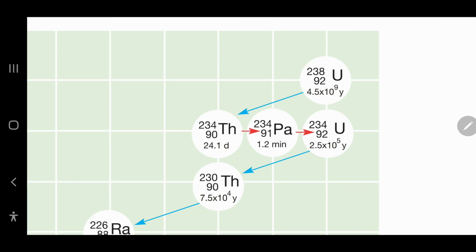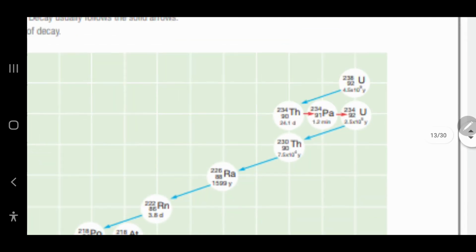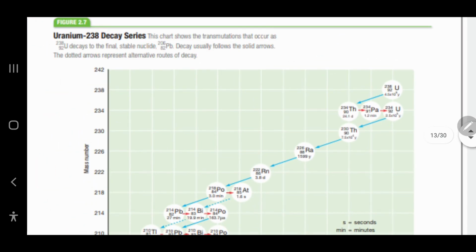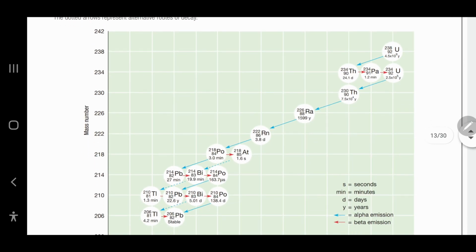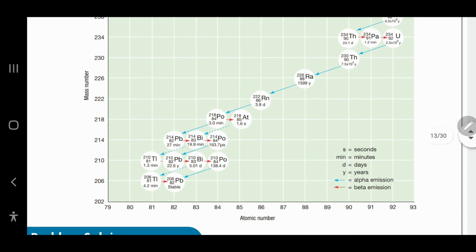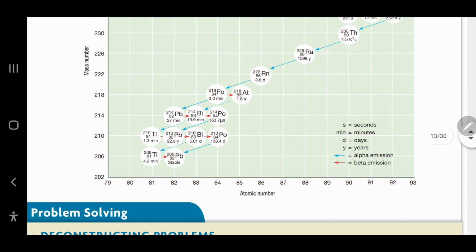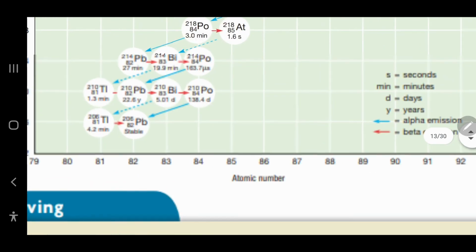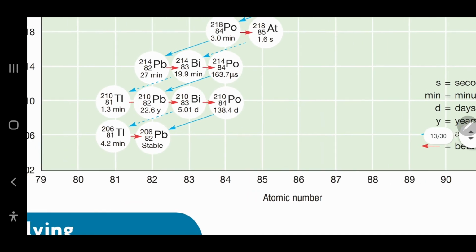This chain continues to form a lot of daughter nuclides. Finally, we will reach lead at the last one, which is a very stable element, 206 with atomic number of 82.